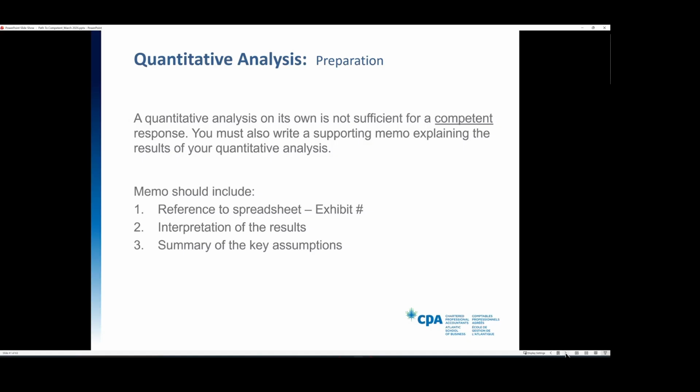Well, that's an important assumption to highlight. What I would put is a subcategory under my quantitative analysis of assumption and say that 10% revenue growth was used. However, industry growth is 5%. If revenue growth is closer to industry growth, that would have a negative impact on NPV.